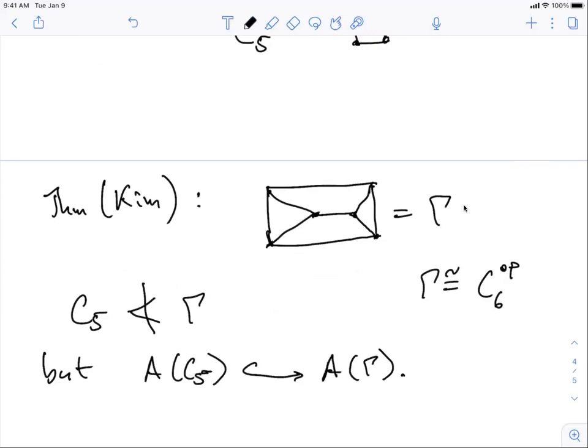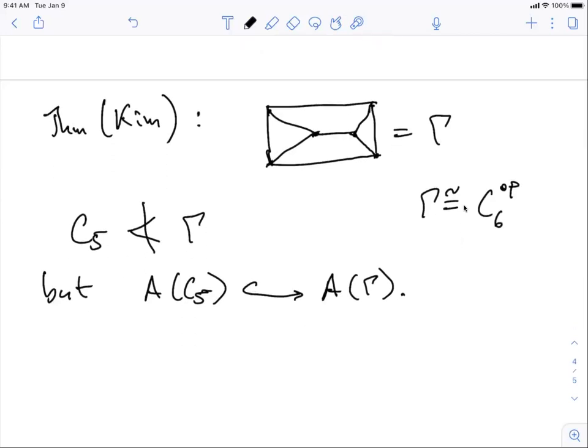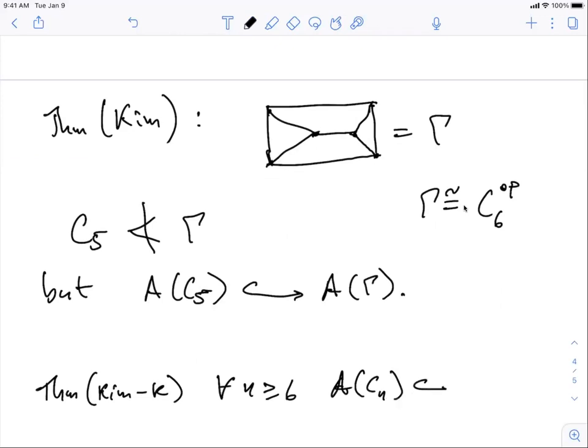And combining with one further result, one has that all right-angled Artin groups on longer cycles can be hidden in this way. So there's a theorem also due to Kim that says that for all n greater than or equal to 6, A of Cn can be realized as a subgroup of A of C5.